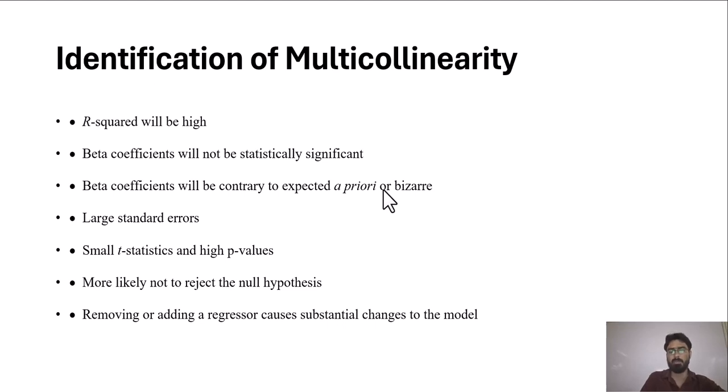It means that when you develop a model, you develop a hypothesis. Let's say we develop a model in which GDP is the dependent variable and FDI, foreign direct investment, is an independent variable, and we make a hypothesis that there is a positive relationship between foreign direct investment and GDP.